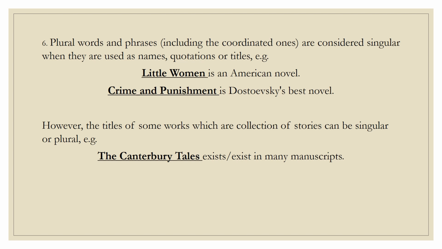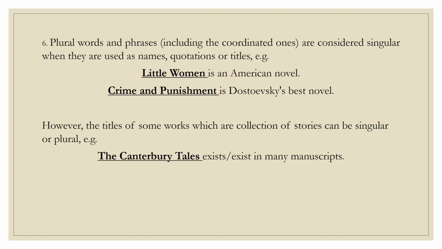As one thing. For example, when I say Little Women is an American novel, it is a very famous and well-known American novel. It is called Little Women. In form, we know that women is a plural, and it has a singular form, which is woman. So woman and women, singular and plural.